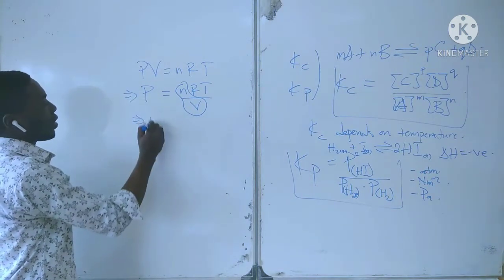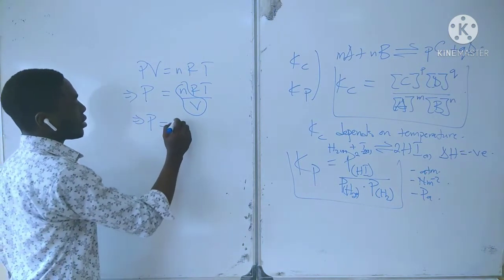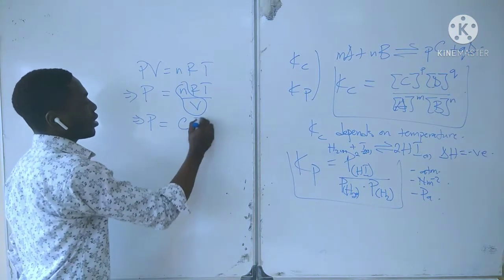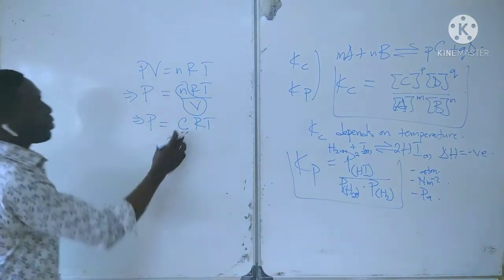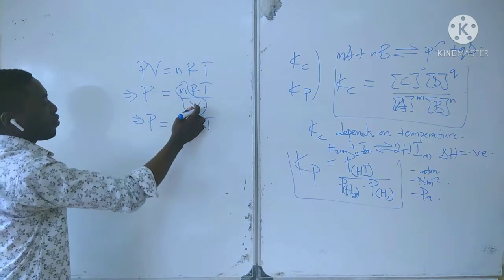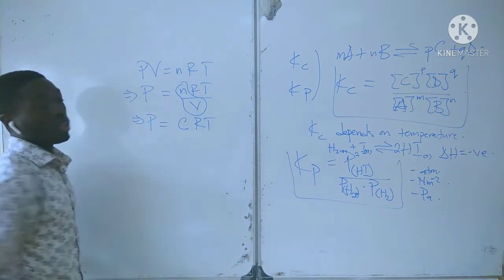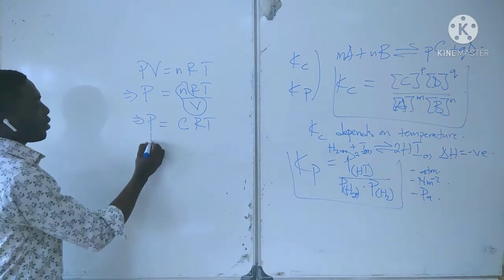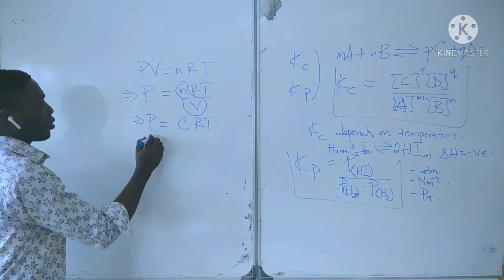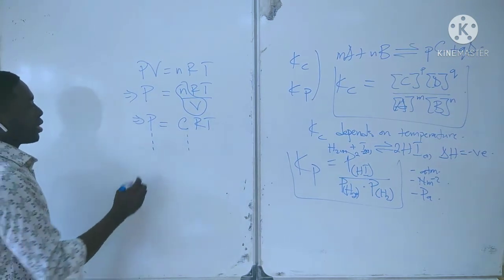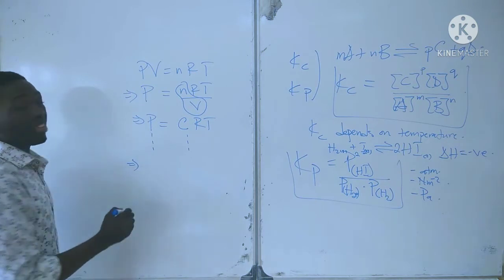So you can write the pressure as the concentration times RT. If you continue the proof, you get a relationship between Kc and Kp.